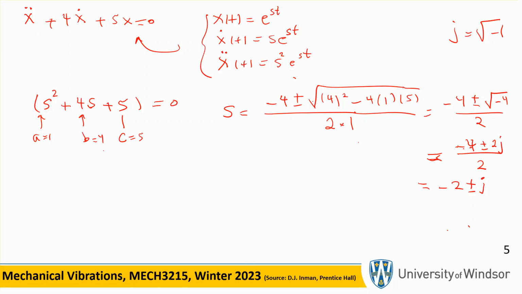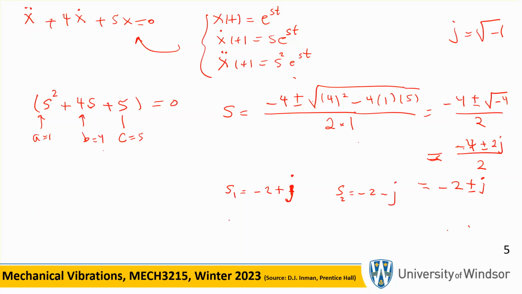Good. So there are two solutions to this, and they're both complex, complex conjugates, as you can see. One of the solutions is minus 2 plus j, and the other one is minus 2 minus j.